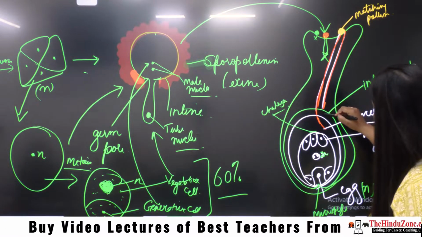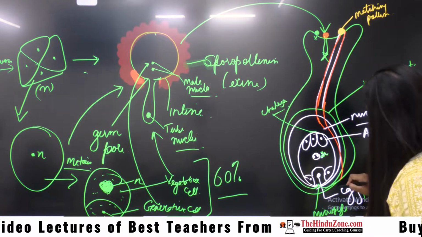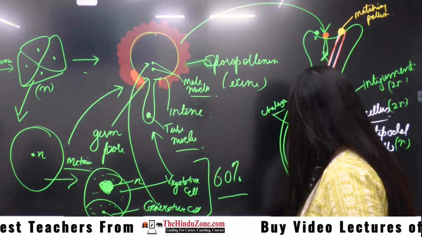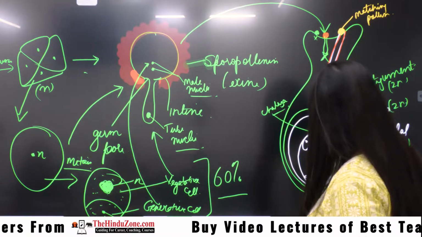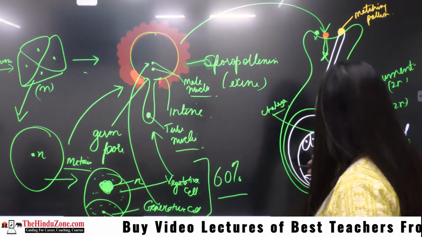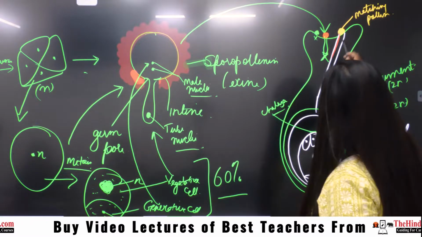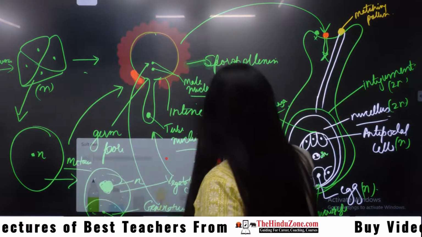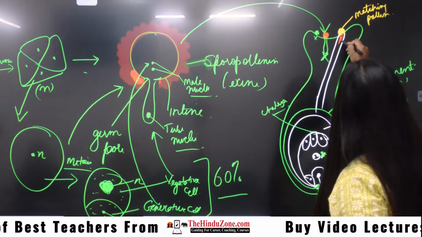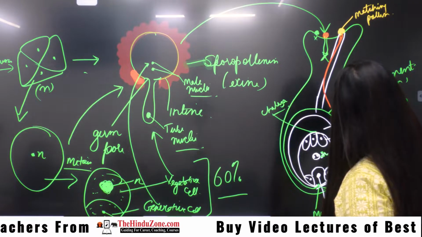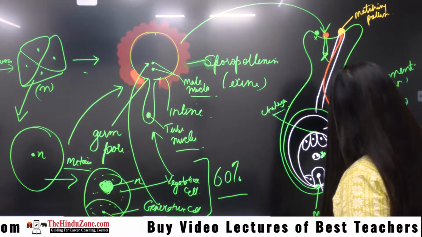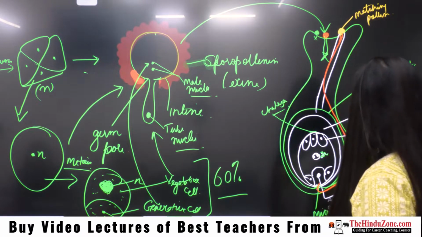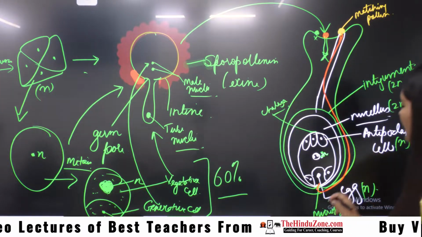If this pollen tube is entering from here, and it is coming beyond this integument, and now it is entering through the micropyle. It does not touch the integuments.